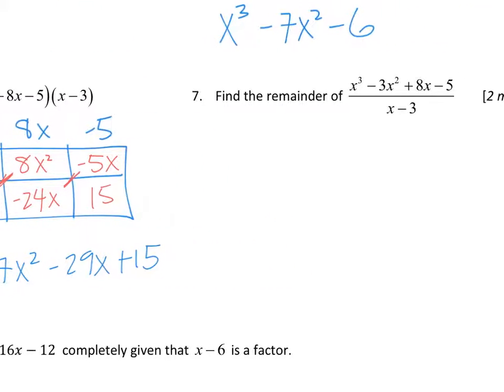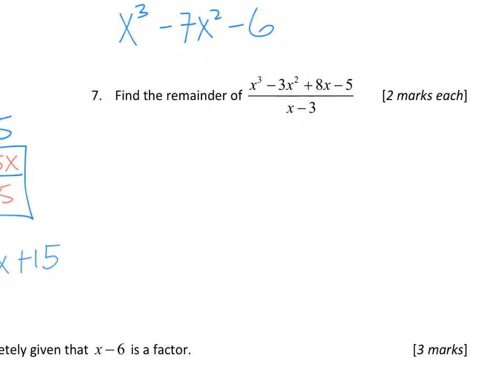The next one here is our synthetic division. So we start by putting the opposite sign of this number here on the bottom up on the side. So positive 3. And I know this might look a little bit different than how some of you saw it, but it's going to be the same basic method here.